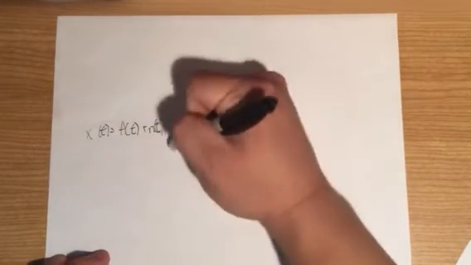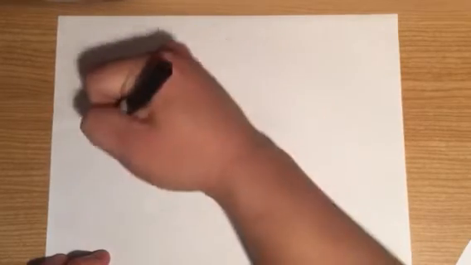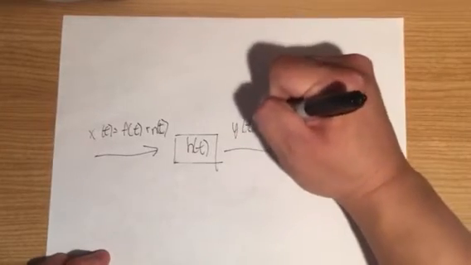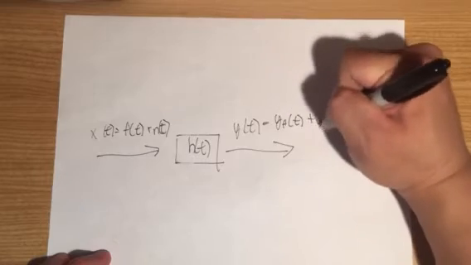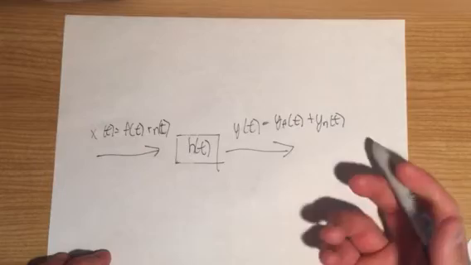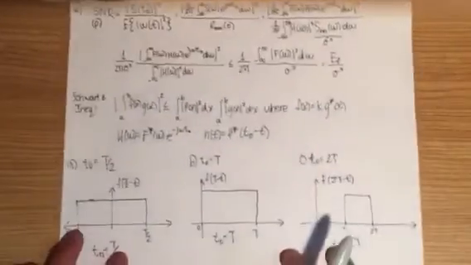That's our input, right? And we have our process h of t, and we want to find our output. Well, our output is y of t, and that equals y_f of t plus y_n of t, and we can do that because the convolutions are linear. And so because of that, back to examining the signal to noise ratio.